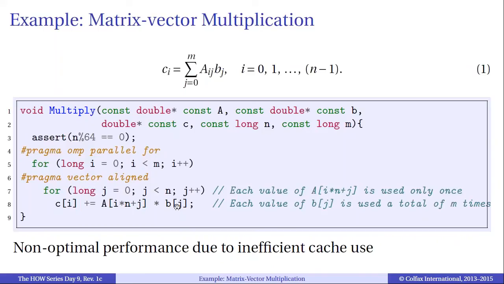So I'm going to use B0 m times, and we agreed that m is large, maybe in the thousands. So I'm going to use vector B many, many thousand times. And if this vector B does not fit in the cache, I may have to read it from memory every time that I read it.